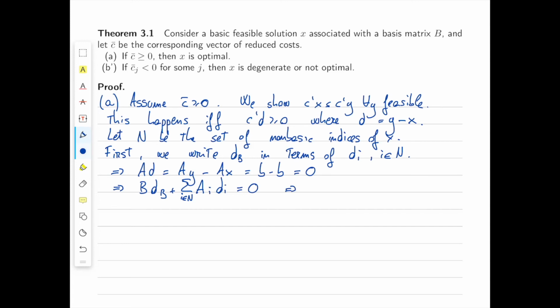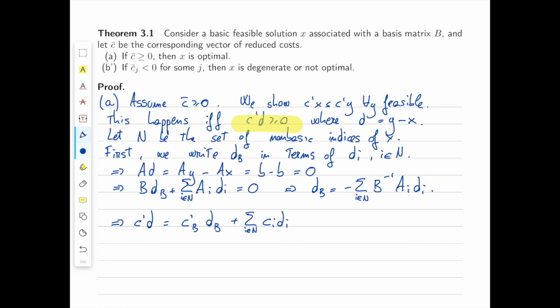So we obtain that d_B is equal to minus the sum for i in N of B inverse A_i d_i. Having written d_B in this way allows us to finally consider c transpose d, which is our target. So we have c transpose d equal to, again dividing basic and non-basic components, c_B transpose d_B plus the sum of c_i d_i for i in N.